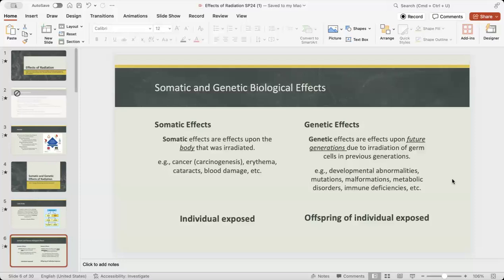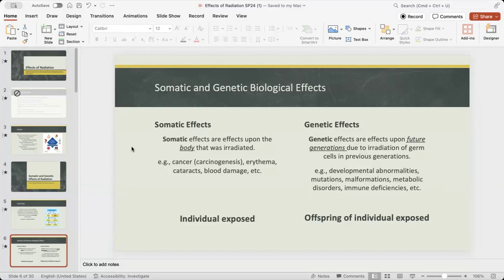But there is a chance of cancer, erythema, which is the redness of the skin, skin rash, cataracts, or blood damage. That is a possibility, due to that individual exposure. But then you compare it to genetic effects.